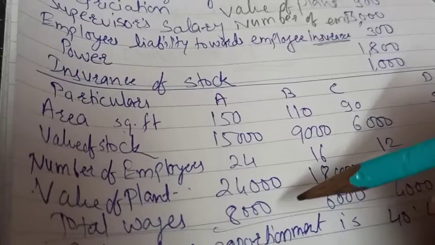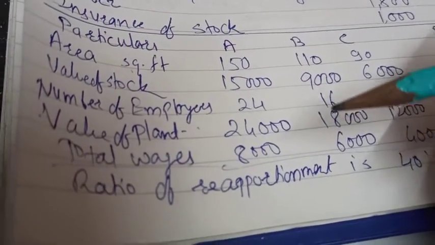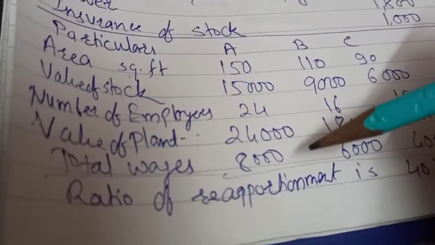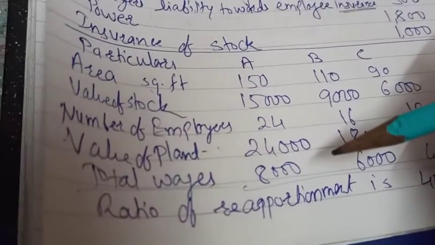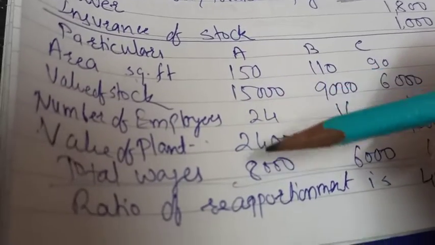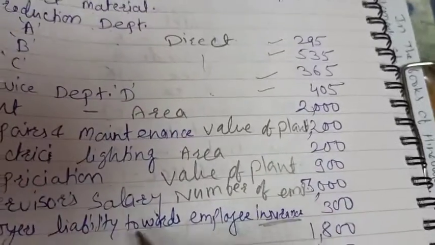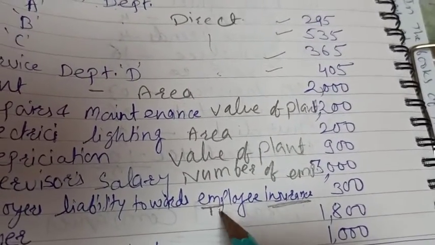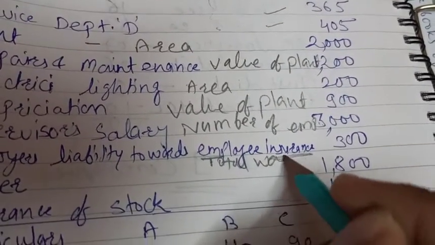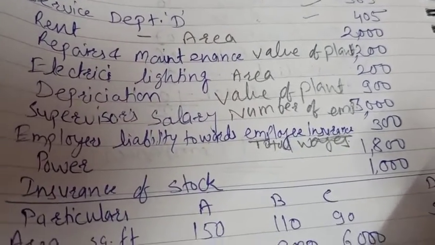So here the value of employees is decided on the basis of wages received by these employees. So don't go for number of employees for insurance, go for total wages. Total wages is an appropriate basis.